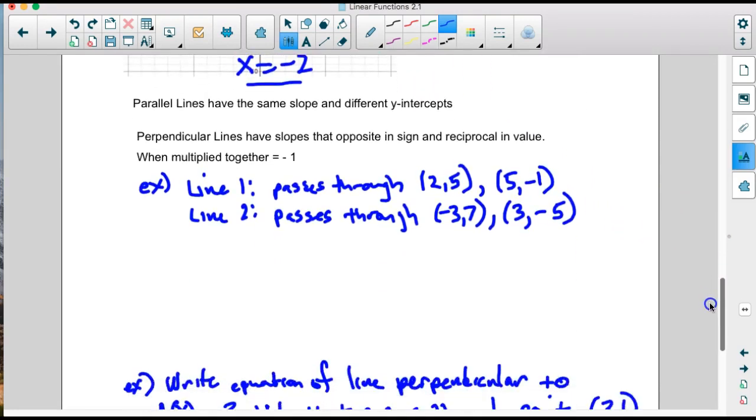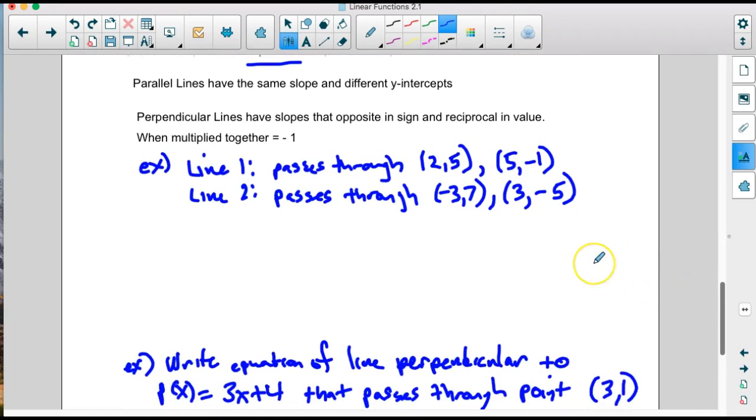Alright, the next topic in this section is on parallel lines and perpendicular lines. You need to know that parallel lines have the same slope and different y-intercepts. So if we were to have two functions and we said that they were parallel, then they would have the same number here, the same slope, like 3 and 3.